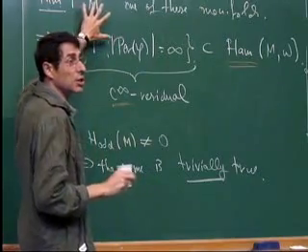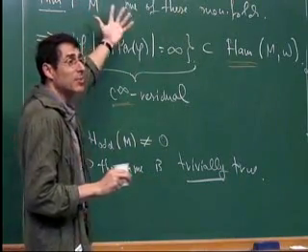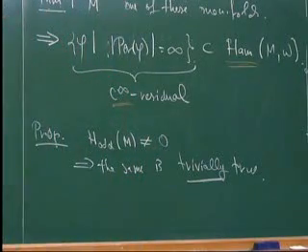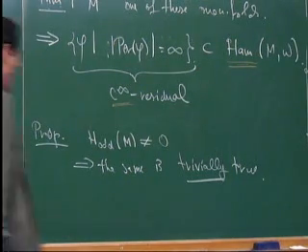Most of the manifolds here do not fit in this category. CP^n and Grassmannians, they all have odd homology equal to 0. That's one application of the theorem.